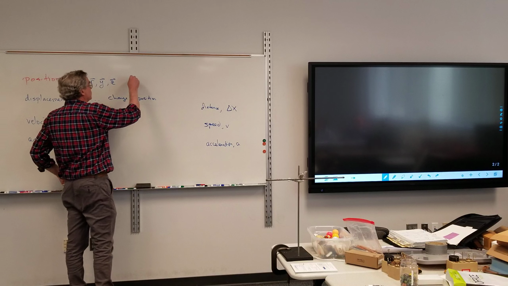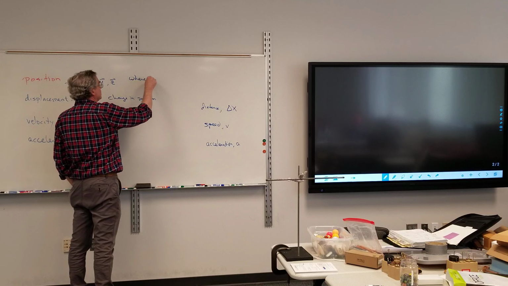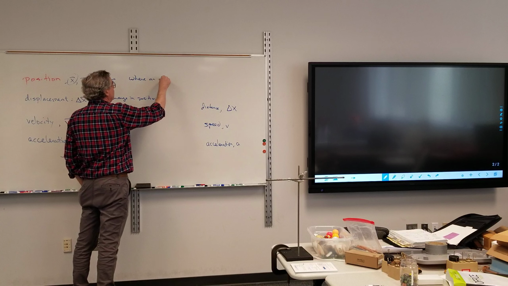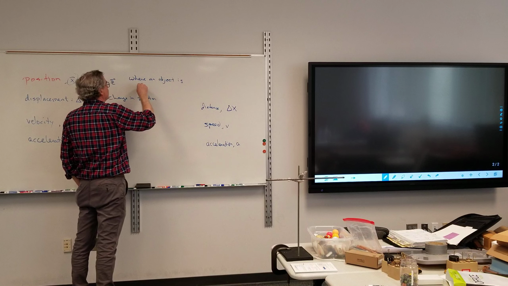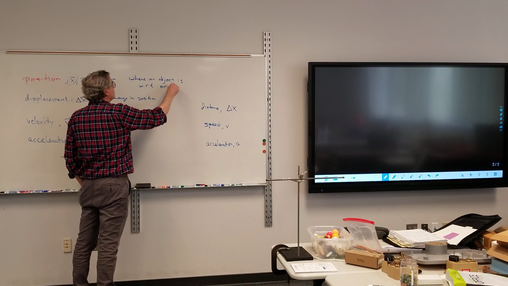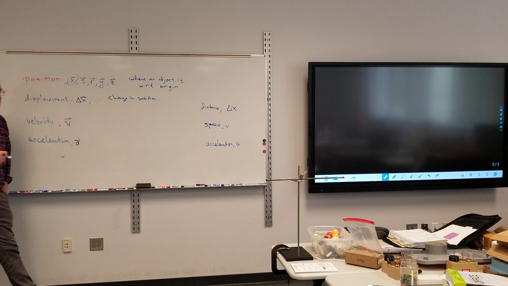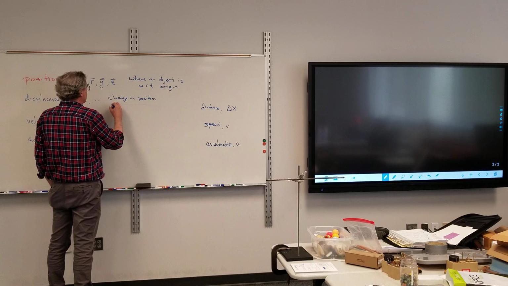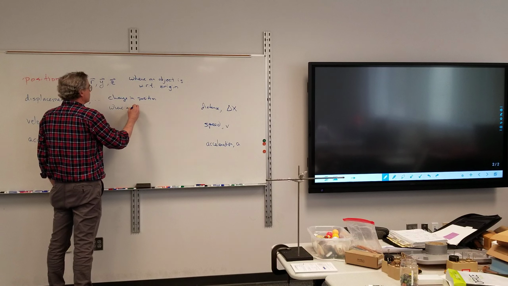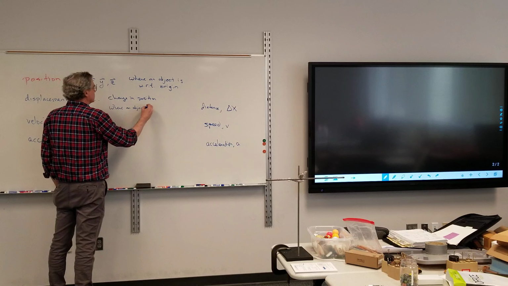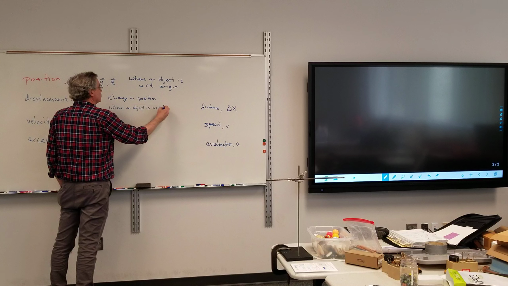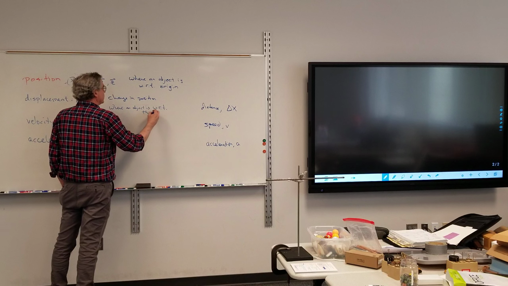So for position, it's where an object is with respect to the origin, or on a number line 0, and then displacement. Where you're at relative to your starting point. Yeah, and that's the other one here. With respect to the starting point.